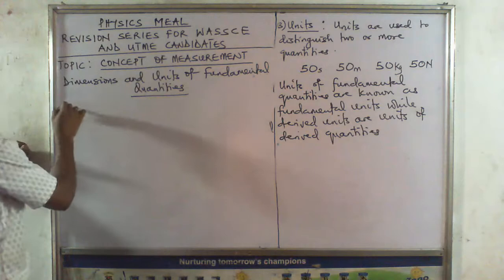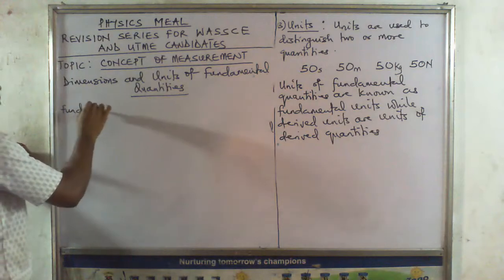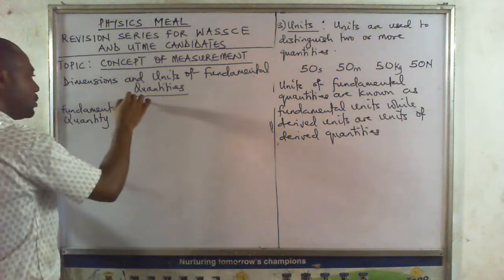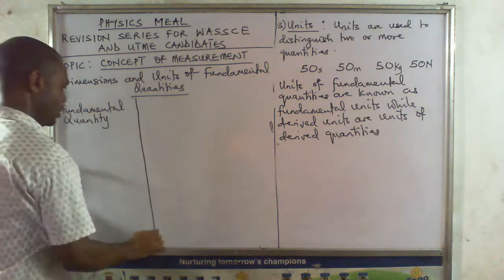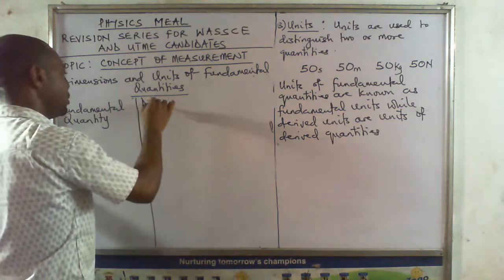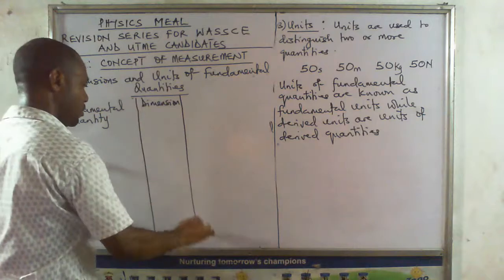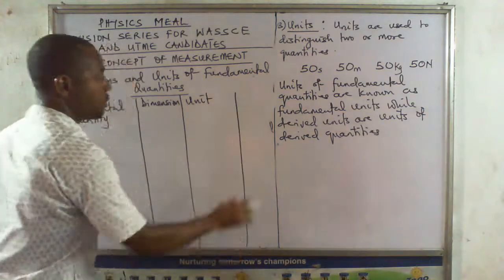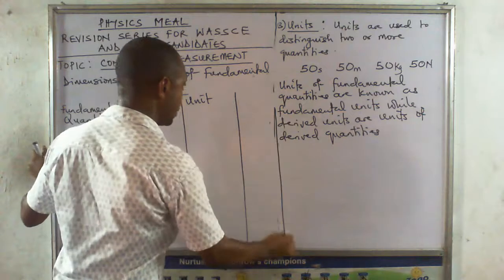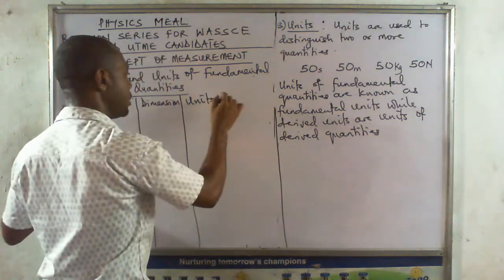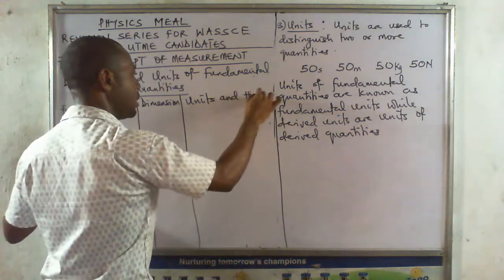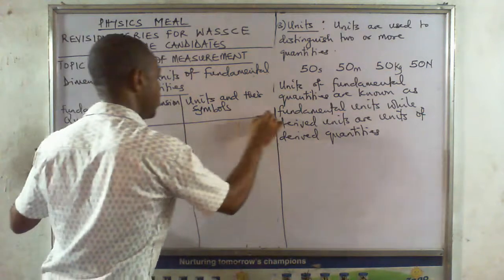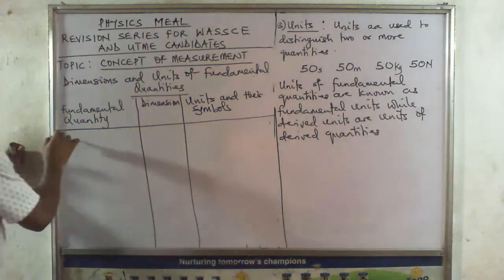Let's say we have a fundamental quantity. We have the dimension. We have the units, and a small space for the units and their symbols. So the symbols of the units. Okay, quickly, let's look at this.